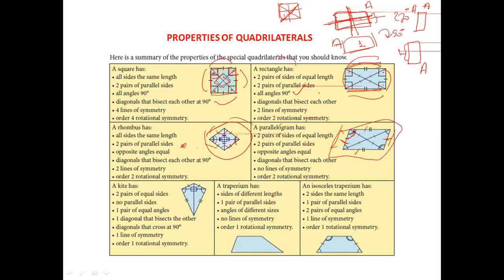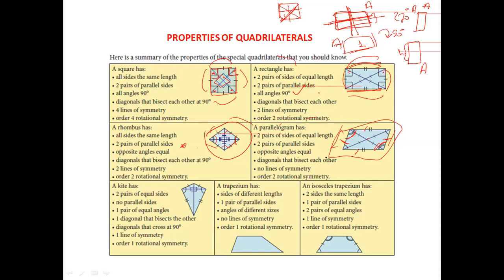For example, this angle and this angle are equal to each other. For example, if it's 95 here, it must also be 95 here. Am I right? And here also, for example, 85 must be equal to 85, or 70, 70. Don't forget these properties. Diagonals bisect each other, of course.